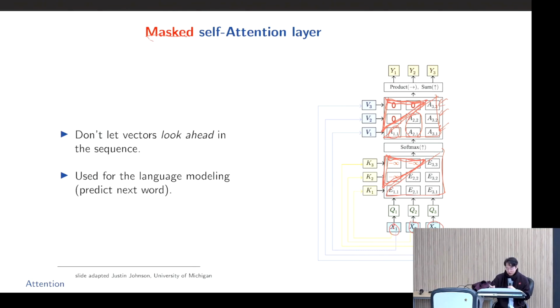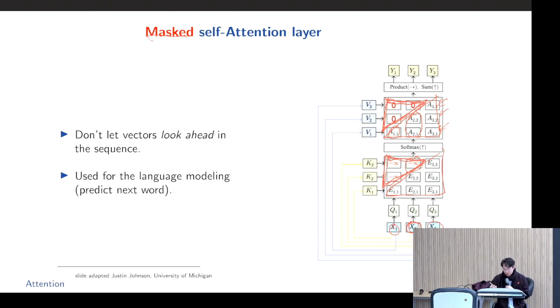And during decoding, it does not make sense for, for example, the second token to make reference to the third token, which doesn't exist yet, because you're generating autoregressively one token at a time. So it's impossible for you to refer or attend to the tokens in the future.